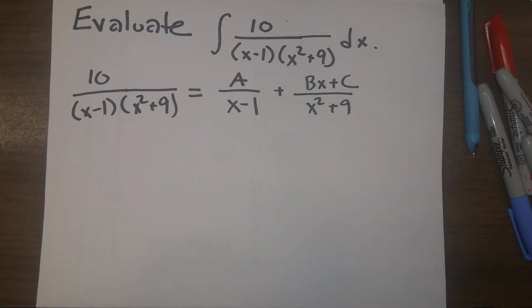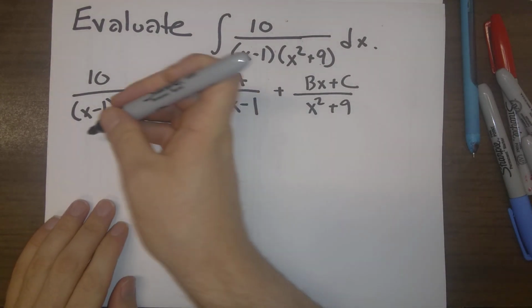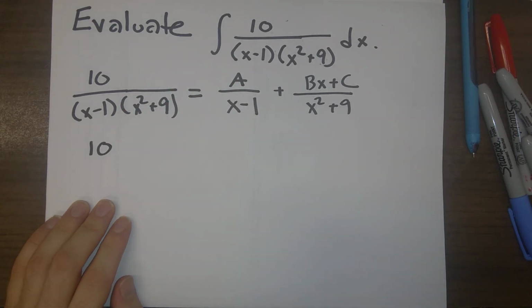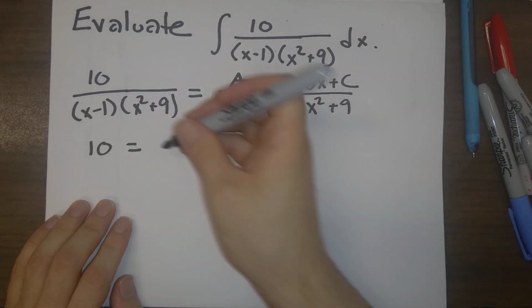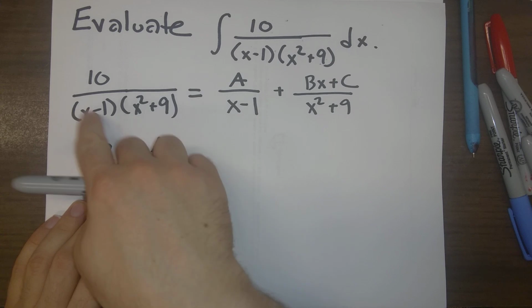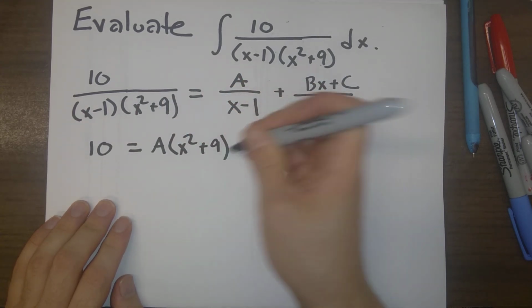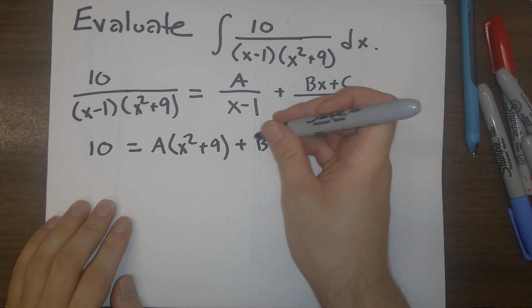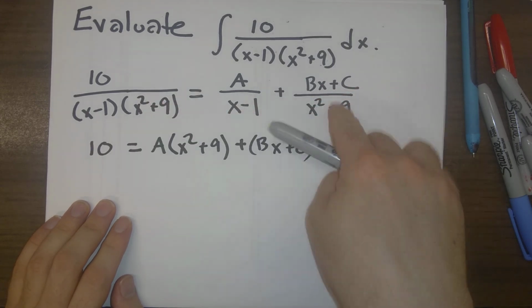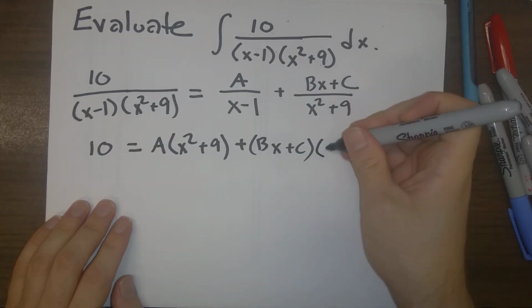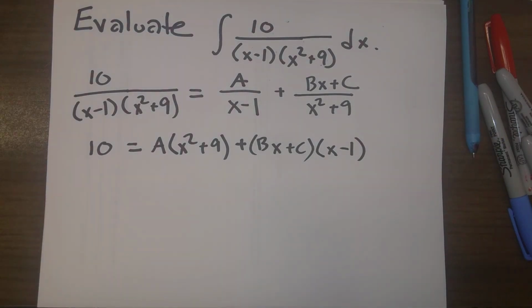Our first step is to cross multiply and clear out everything. On the left we have 10, and on the right we have A times x squared plus 9, since the x minus 1's cancel, plus bx plus c times x minus 1, since the x squared plus 9's cancel. Now we have to find what A, B, and C are. We've done this plenty of times before.